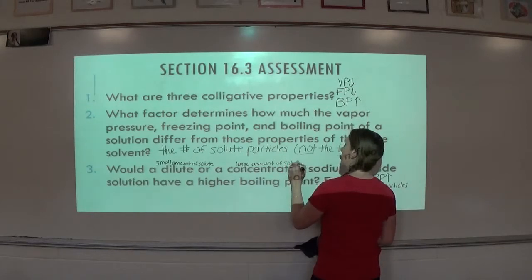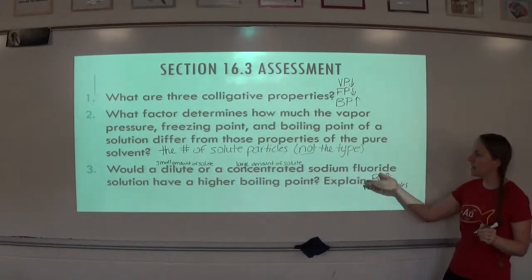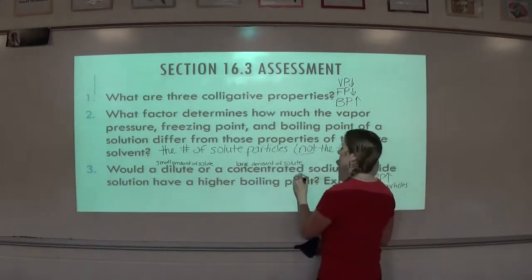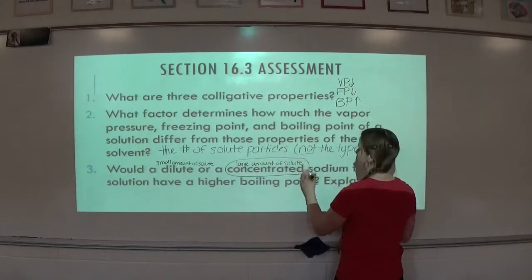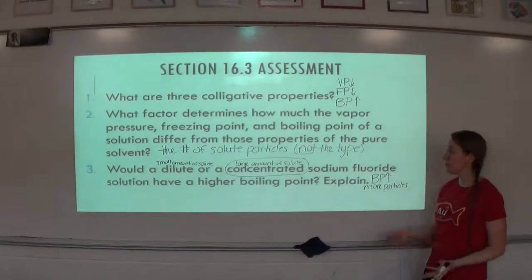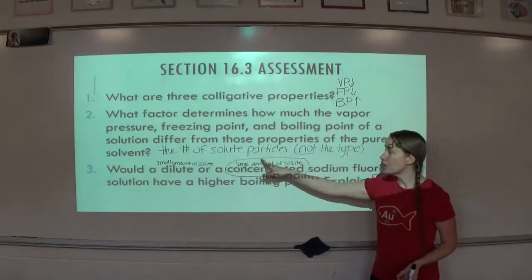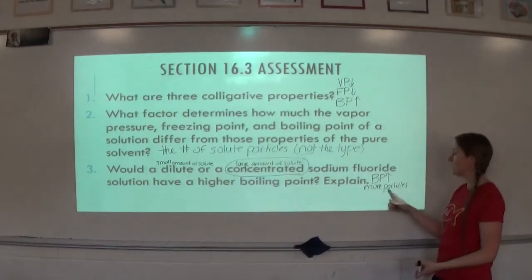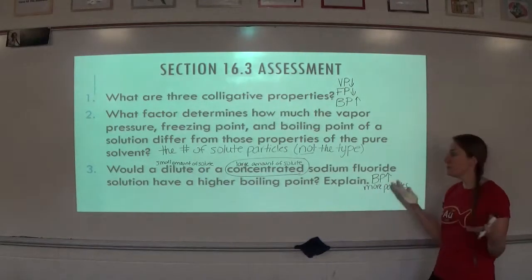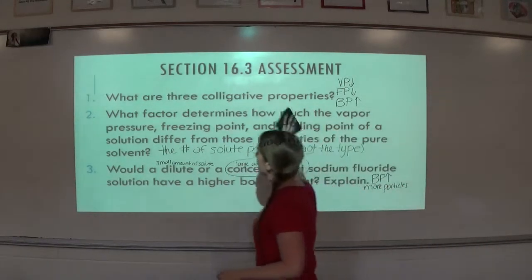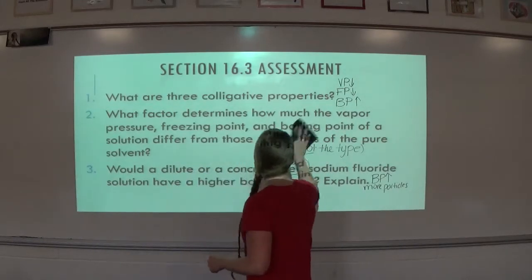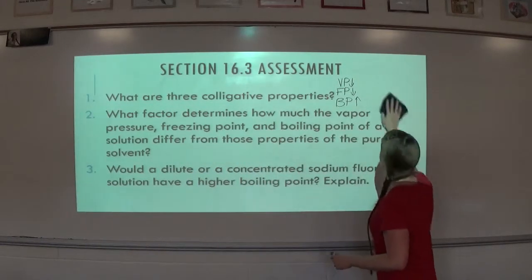So who would have the higher boiling point? It would be the concentrated sodium fluoride. Here, I'll just circle concentrated. The reasoning is because concentrated means a large amount of solute. And the more particles, the higher the boiling point. Okay, so our explanation is already there. Alright, so let's move on to our last slide and let's look at some of those colligative properties again.